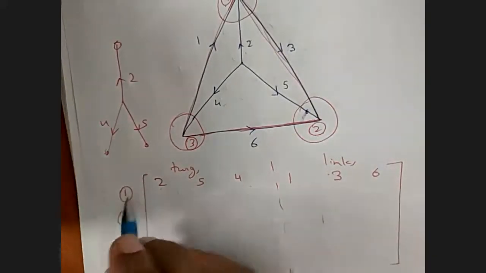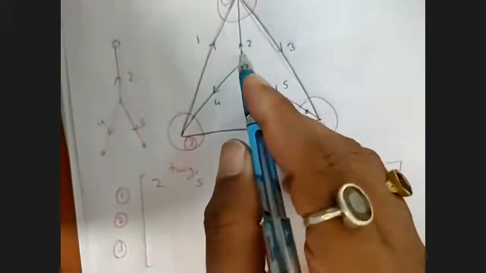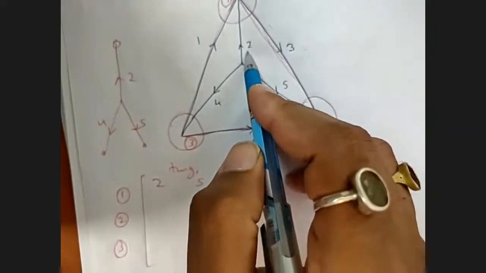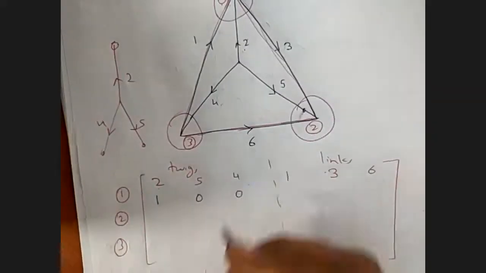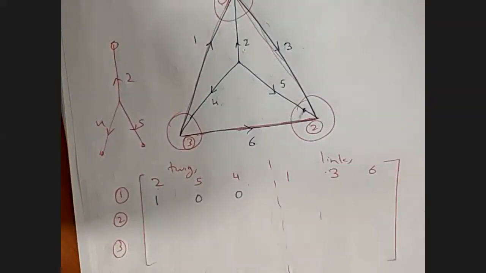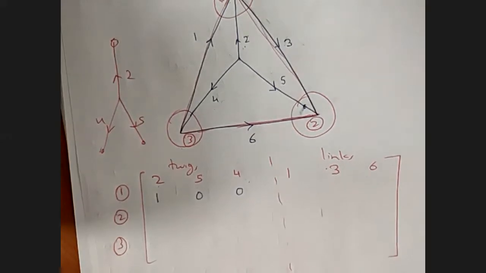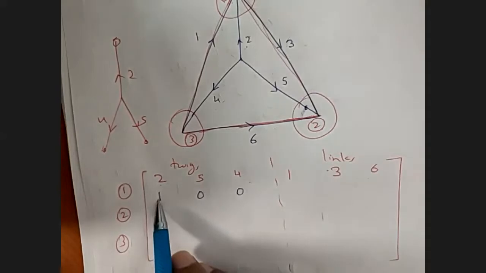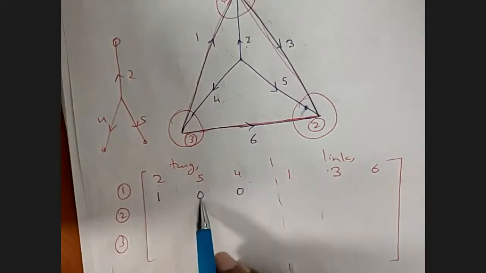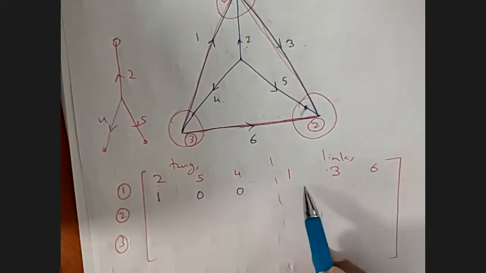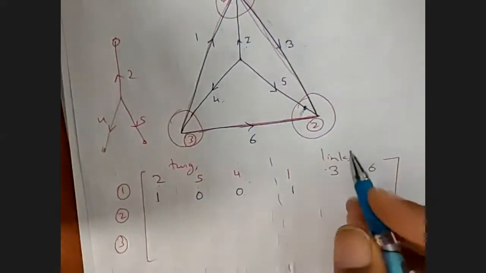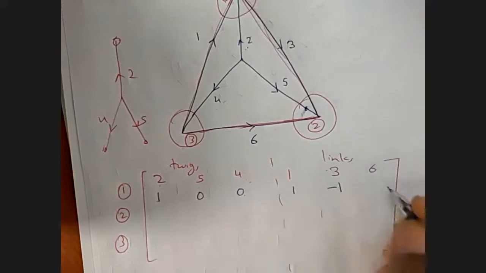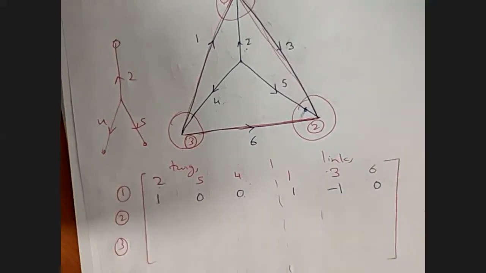So for this you have branch 2 as incoming, so that is 1 0 0. 1 is also incoming, so that is plus 1. 3 outgoing, that is minus 1. 6 is not connected.